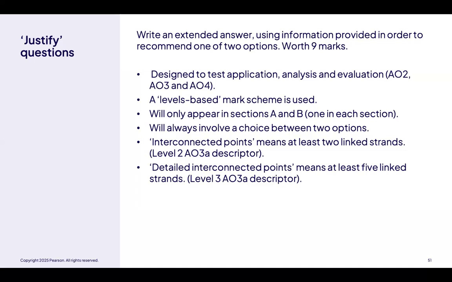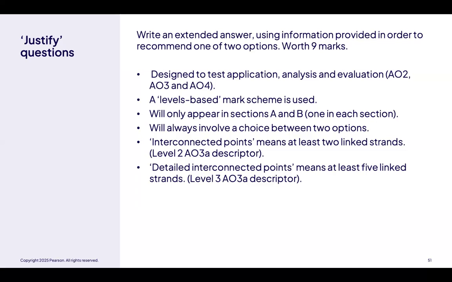So students are going to be presented with 2 options in this type of question. There are 2 of these questions on each paper. So it's designed to test application, analysis, and evaluation. So AO2, AO3, and AO4.